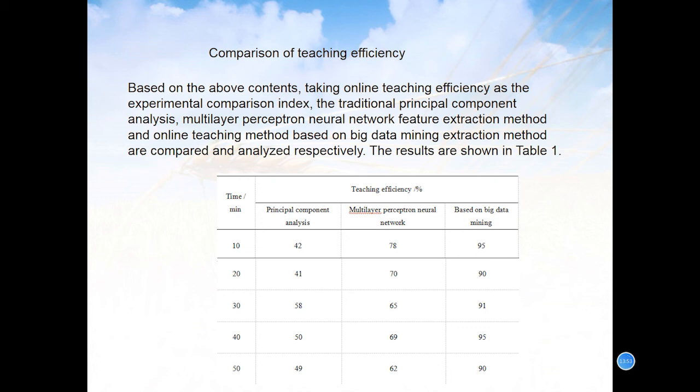So based on the above contents, taking online teaching efficiency as the experimental comparison index, the traditional principal component analysis is always lower than the other 2 methods.